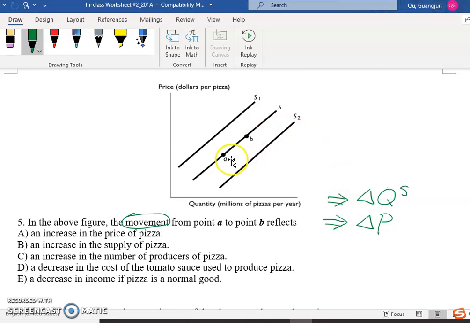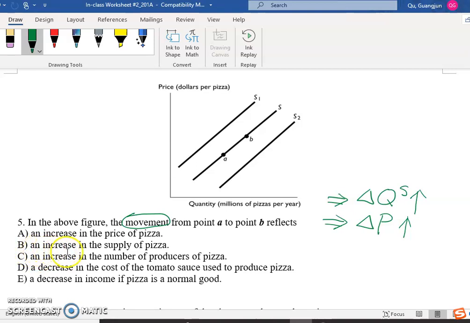So here, from A to B, we find that the quantity supplied actually increases, and the price has to be higher because it becomes more profitable producing pizza, right? That's why they want to supply more. So here the answer is increasing the price of pizza.